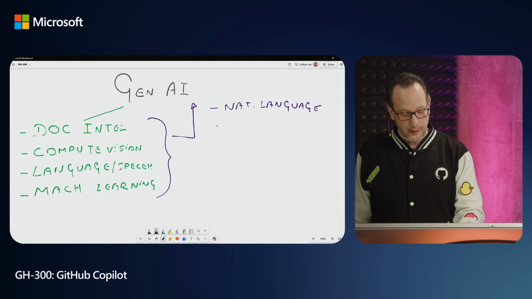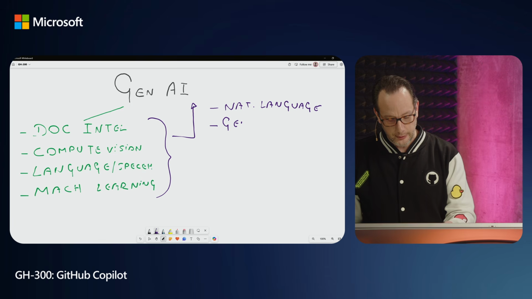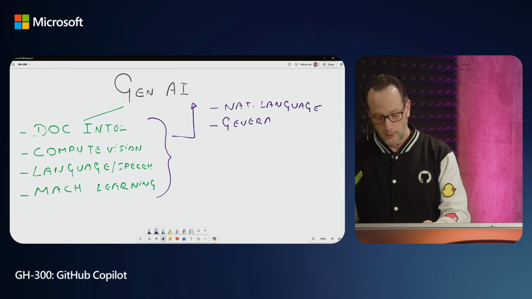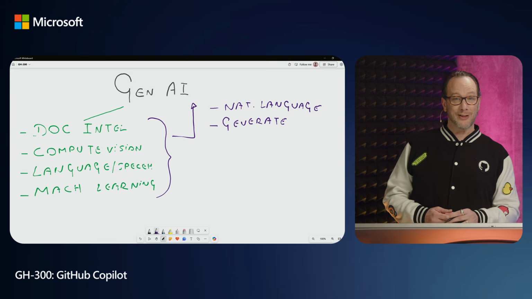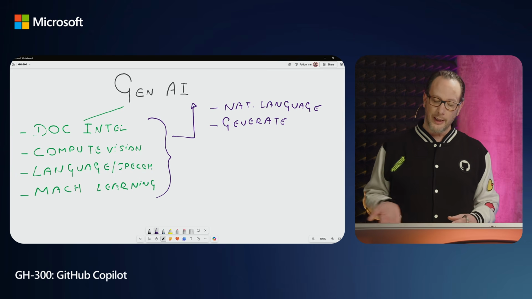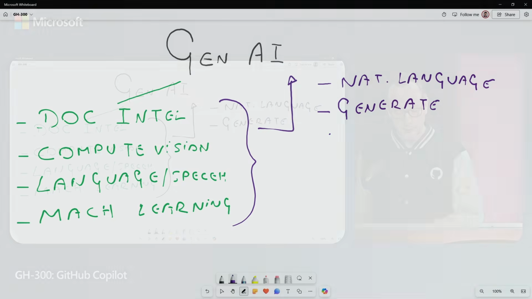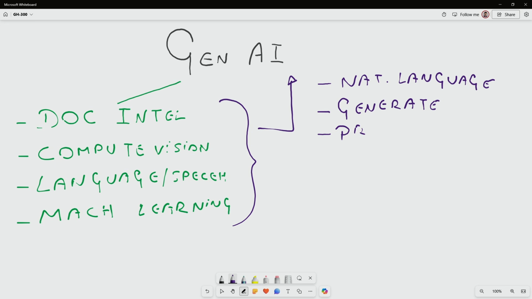Obviously, generative AI also means that it's primarily generating content. It can generate code, probably a lot of examples on that throughout this course. It can generate images, a lot of examples on social media, and it's all based on prompting.